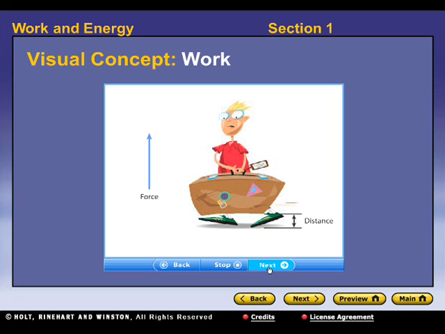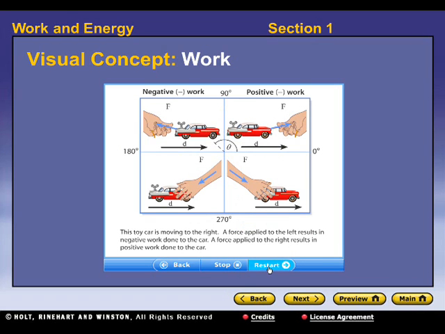Work is calculated by multiplying the force by the distance over which the force acts. However, a person carrying the same suitcase through an airport is not doing work. This is because the suitcase is not moving in the direction that the force is being applied. The suitcase is moving in a horizontal direction, but the force applied to the suitcase is in a vertical direction.